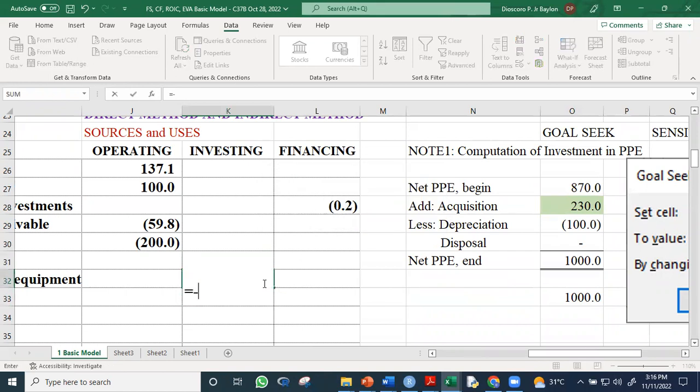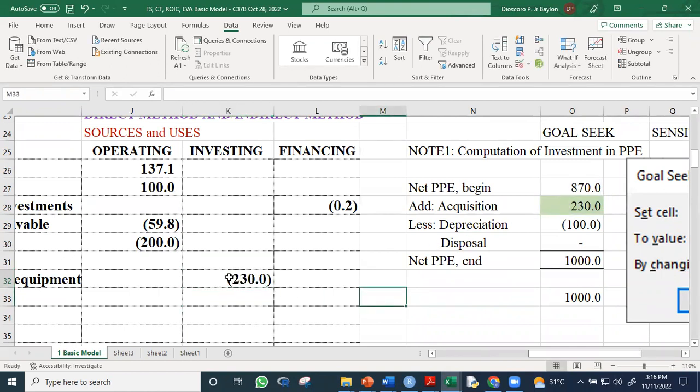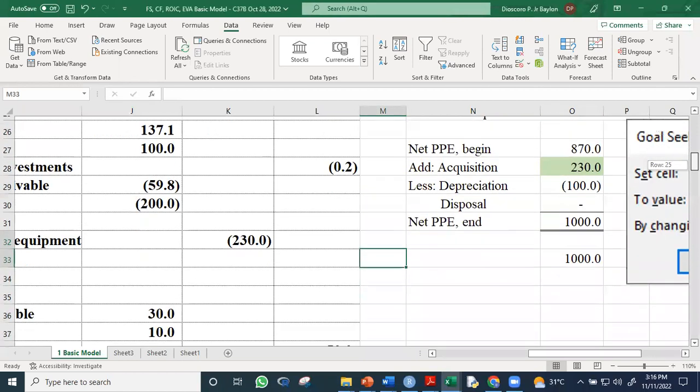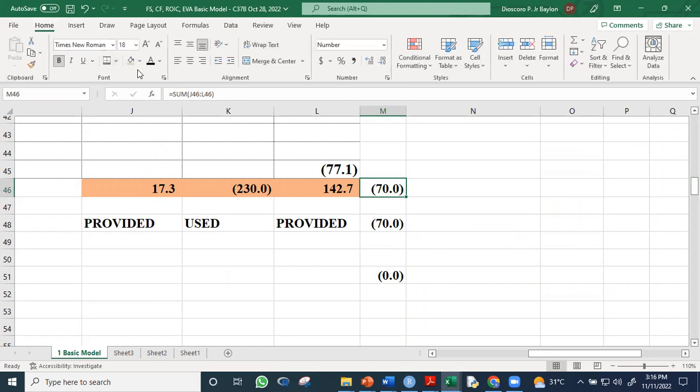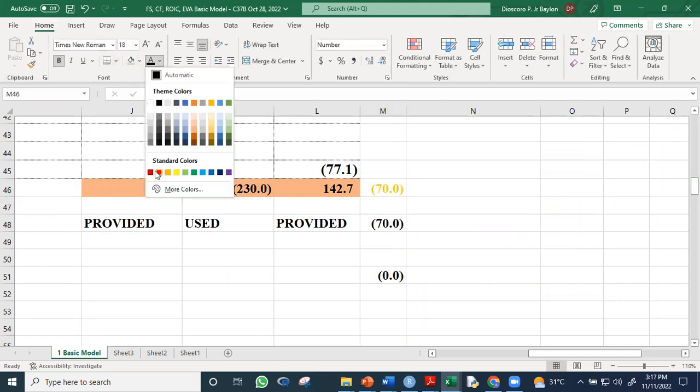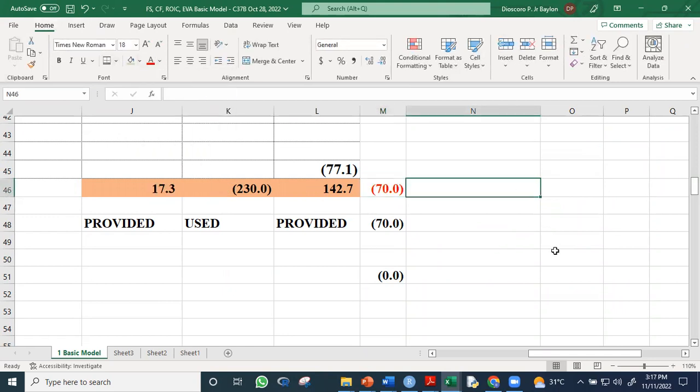So this is negative this amount. Okay, negative 230. All right, negative 230, and if we check the balance, okay, there you go. So we now have the correct balance. This now jives with our cash balance, the change in our cash, negative 70.